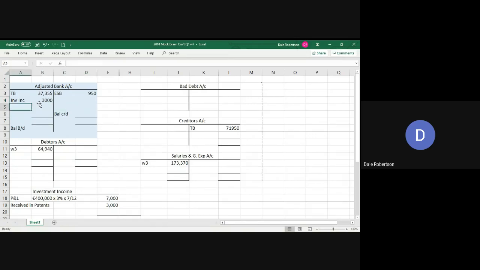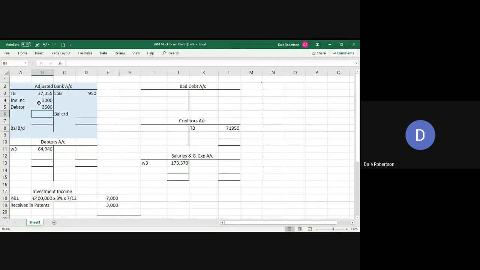The liquidator has taken over his accounts and has paid the creditors 20% of the overall debt, but that's all they can pay. The rest is going to be a bad debt. So 20% of a total debt of 17,500 is going to be 3,500. It's 20% of 17.5.